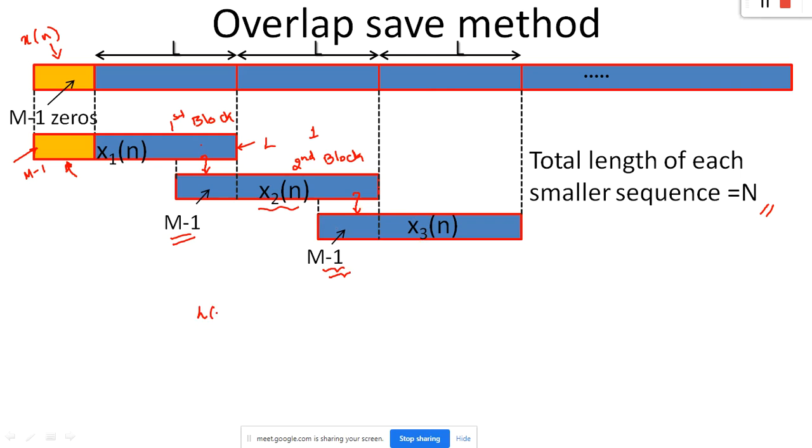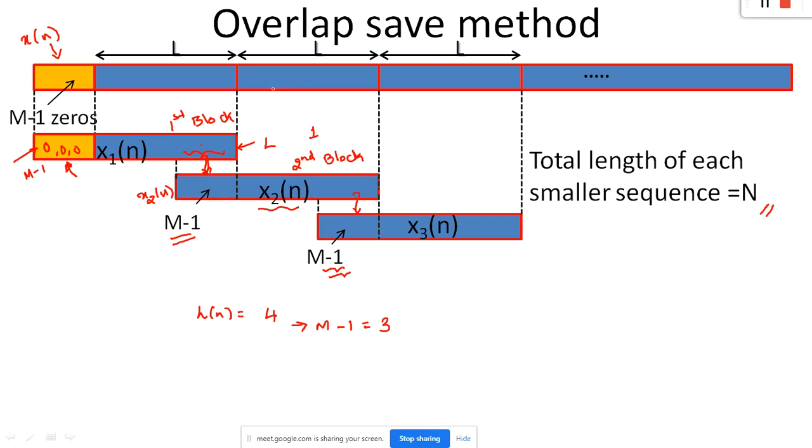Let me assume h of n contains 4 values, so m minus 1 means 3. Initially I will be appending 3 zeros here. Next, the last three values of x1 of n are appended first for x2.